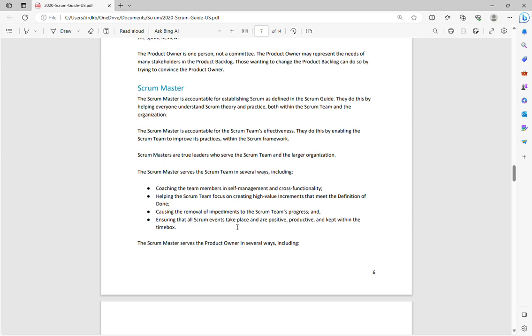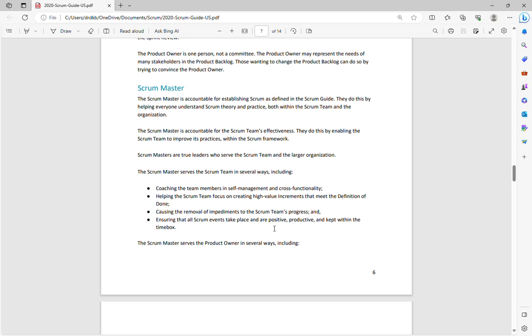Ensuring that all the Scrum events take place and are positive, productive, and kept within the time box. Typically the Scrum Master would facilitate all the Scrum events, and needs to plan in advance for each event. Each and every event is a time boxed event.